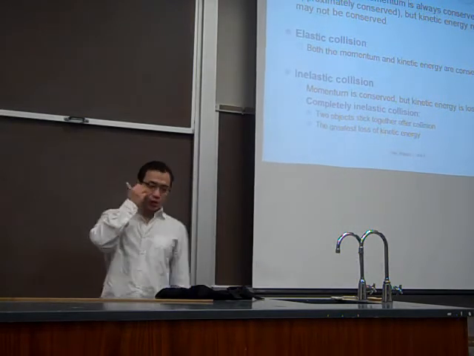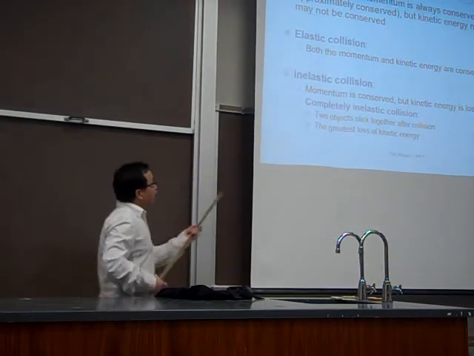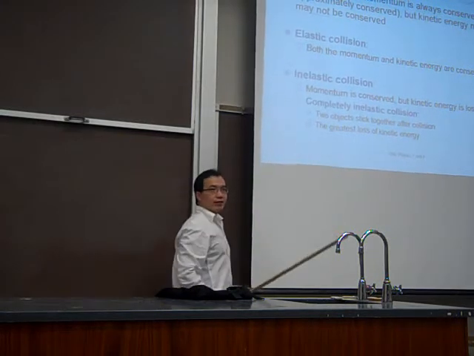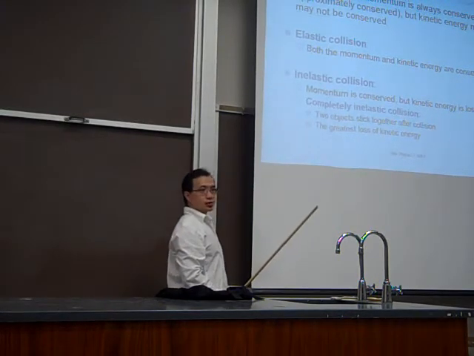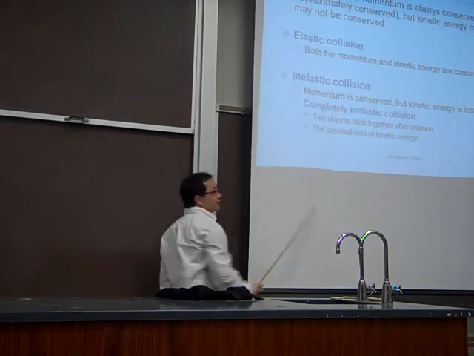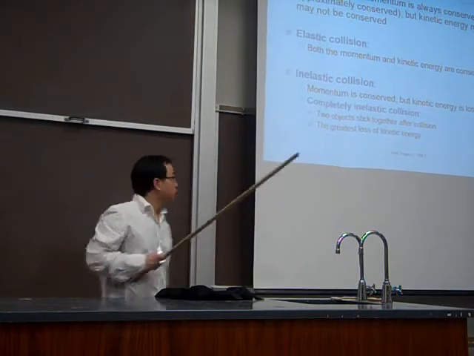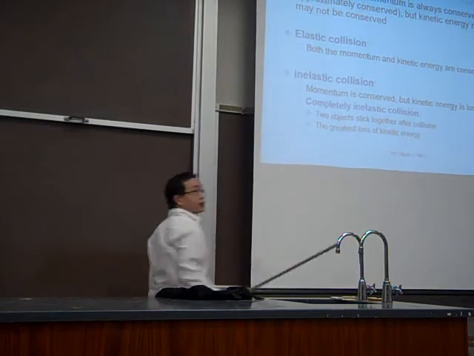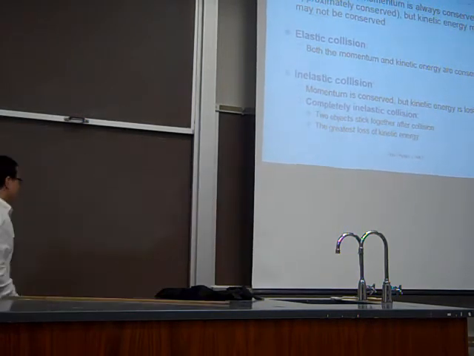Please note that for any inelastic collision, you will have energy loss. The kinetic energy is not conserved. But when a completely inelastic collision happens, you will have the greatest loss of kinetic energy, if they stick together.